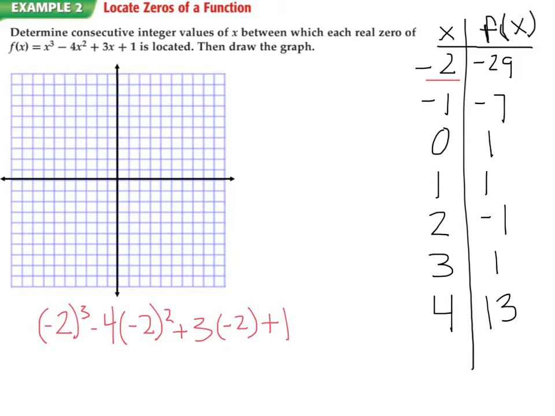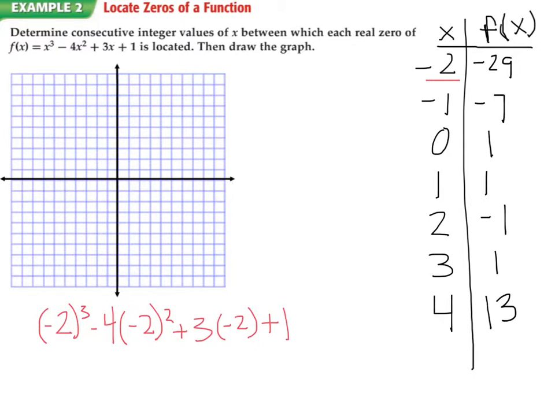And this is going to actually help us to be able to determine what's going on because we can see where there's a change in sign. So from negative 7 to 1, there's a change in sign, which means it's going to have to cross this x-axis somewhere because we went from negative values down here up to positive values. So I'm just going to go ahead and mark these.